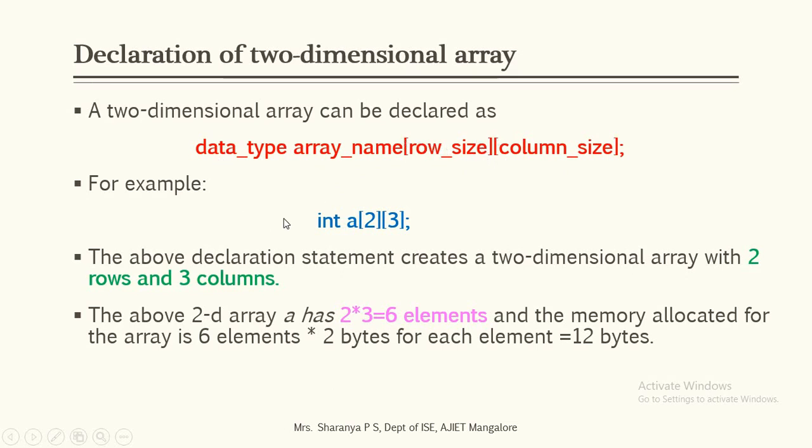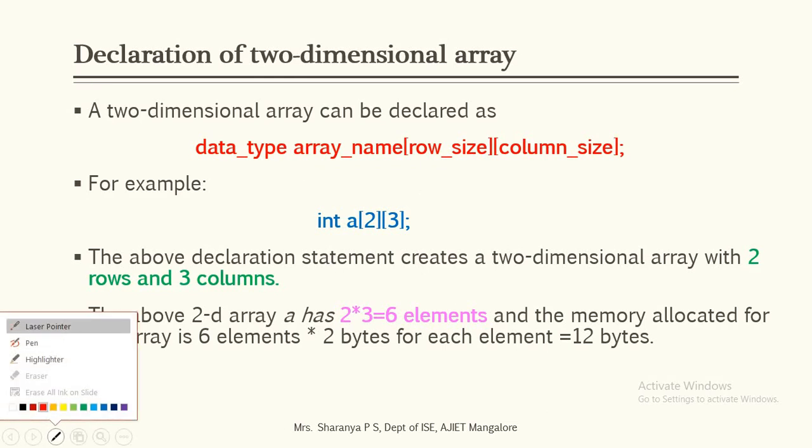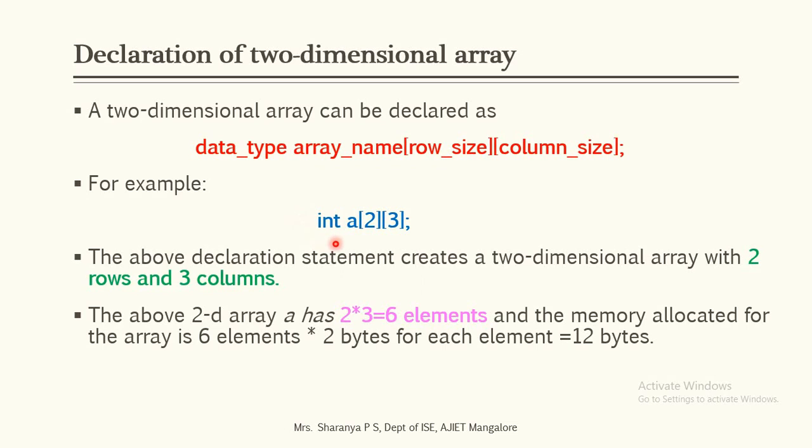Now, taking one example, we have mentioned the data type as integer and the array name as a, and within the first square bracket we have mentioned 2 and within the second square bracket we have mentioned 3. What does it mean? This array will contain 2 rows and 3 columns.